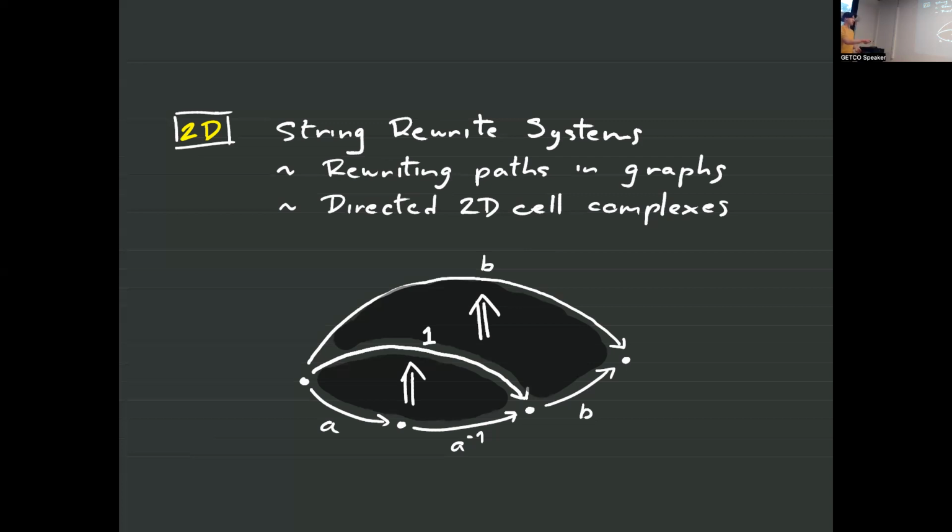So this could be a group with two generators, A and B, and we now consider the word A inverse of A B as being a path like this in a graph, and then we can rewrite A followed by A minus 1 to the unit of the group, and then we can rewrite the unit followed by B to B. And this traces a directed homotopy in a two-dimensional directed subcomplex.